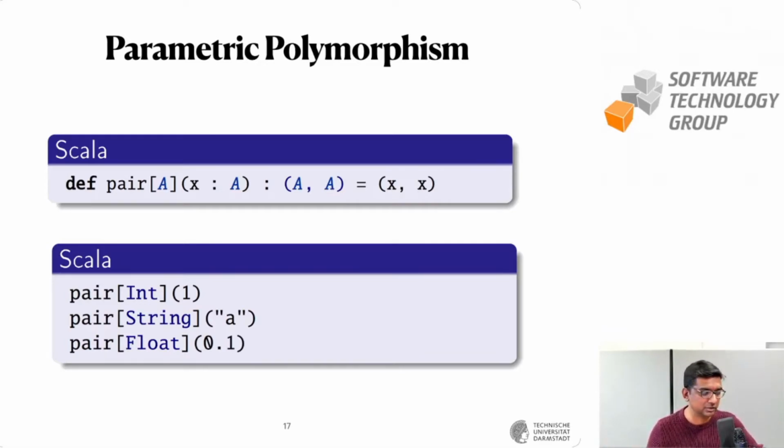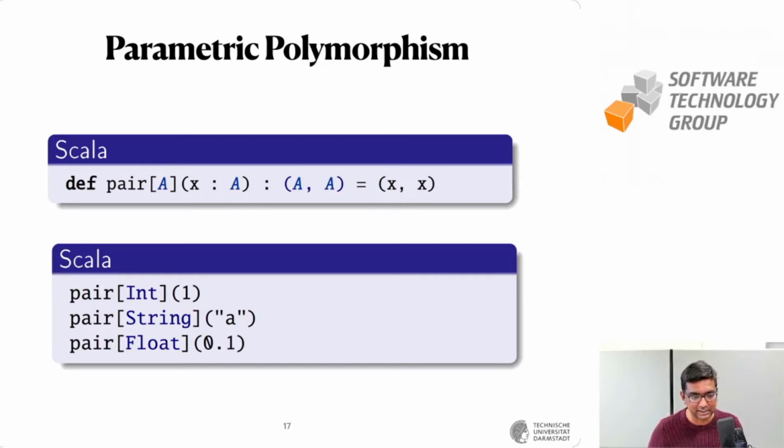The first parameter expected is x of type A, and then it would return a value of type A cross A, and the computation would simply be returning the tuple constructed using the value x. How you would call this is by saying pair, and as a developer you can say I want to bind A with the type int and then pass the value 1, which is of type int.